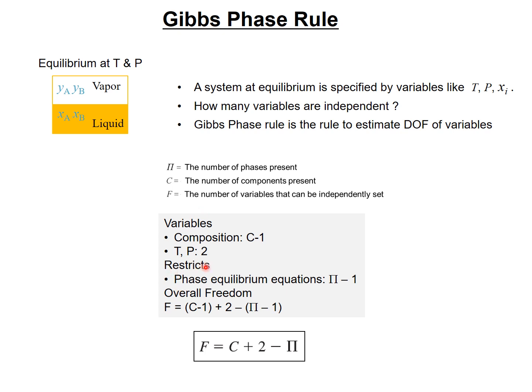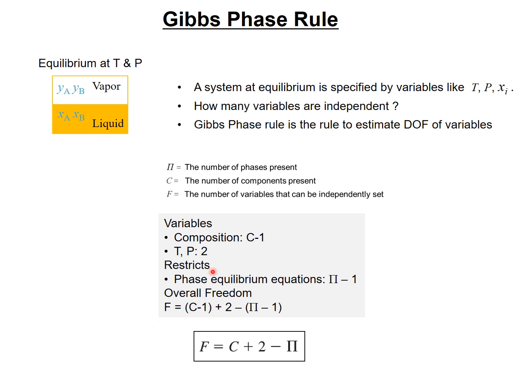How about restrictions? We have phases. If you have 2 phases, 1 phase equilibrium equation is there to correlate vapor and liquid. More generally, if you have Pi phases, it means we have Pi minus 1 phase equilibrium equations. So let me calculate the overall degree of freedom.